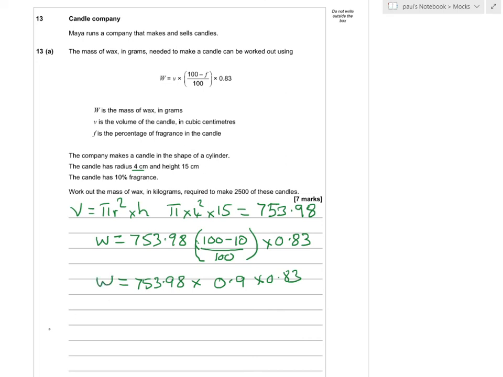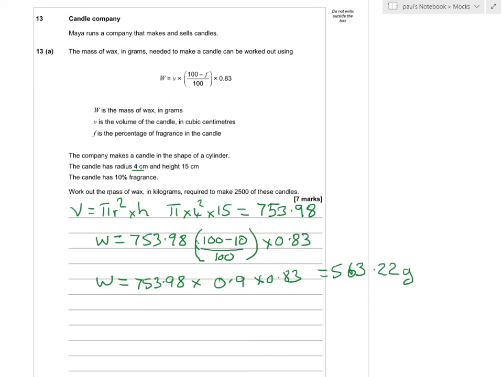So 753.98 times 0.9 times 0.83 is 563.22 grams for the candle.